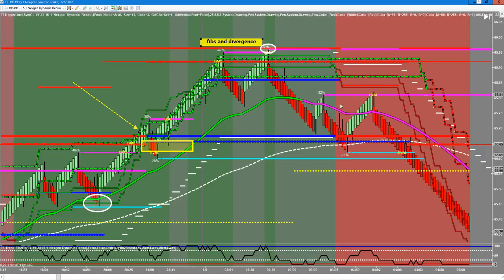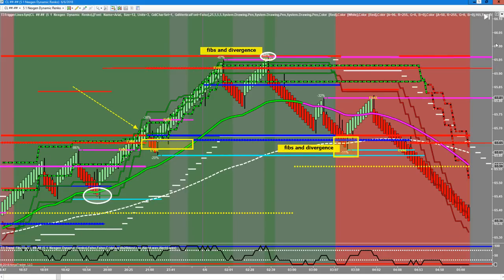Okay? Now, unfortunately, they're going to make it difficult. You're in the middle of fibs and divergence down here too. Agreed? So the same thing that made the market go down is making the market go up. One trigger has turned. And really, what we're looking for is for something to break.